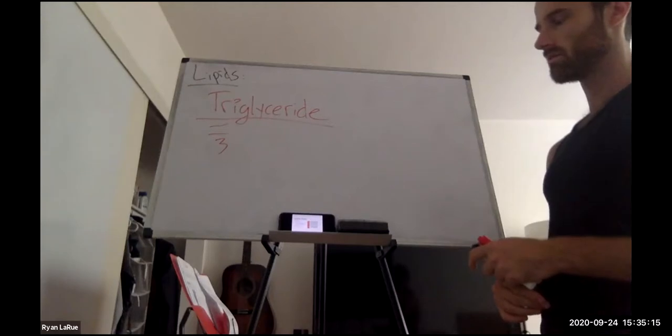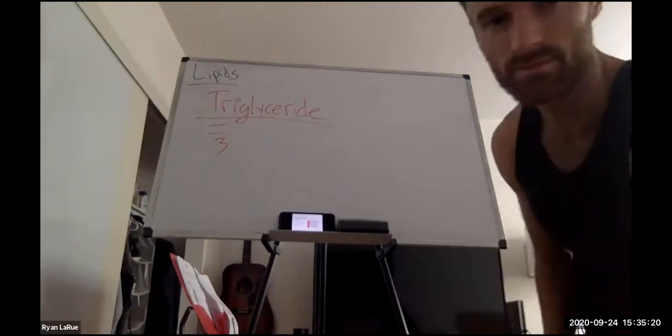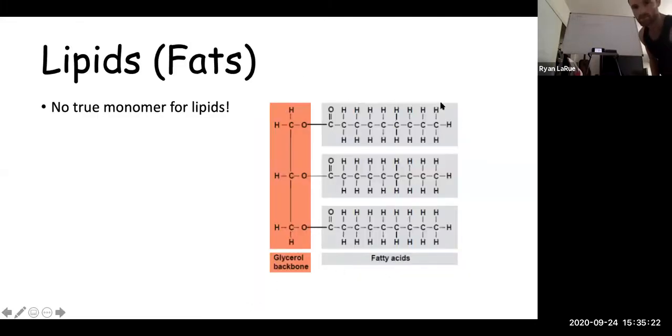And I want to show you what a triglyceride looks like. Here's a triglyceride. Tri meaning 3, right? And I'll show you why that is as well. First thing, a triglyceride has what we call a glycerol backbone. It's this glycerol molecule. Attached to it are 3 fatty acid chains. So take a look at that.